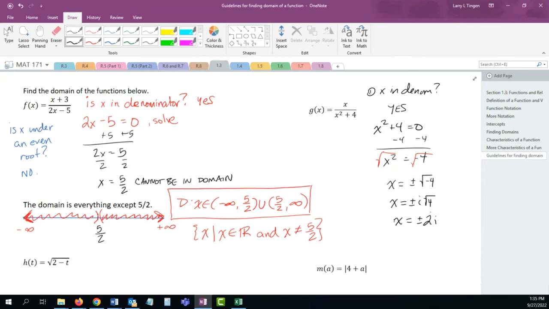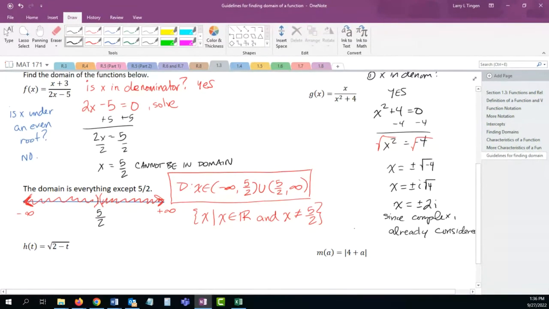My domain is negative infinity to infinity. It's all the real numbers. These are complex. So this changes nothing, right? They were not part of the numbers I was considering anyway. So since complex numbers were already not considered.